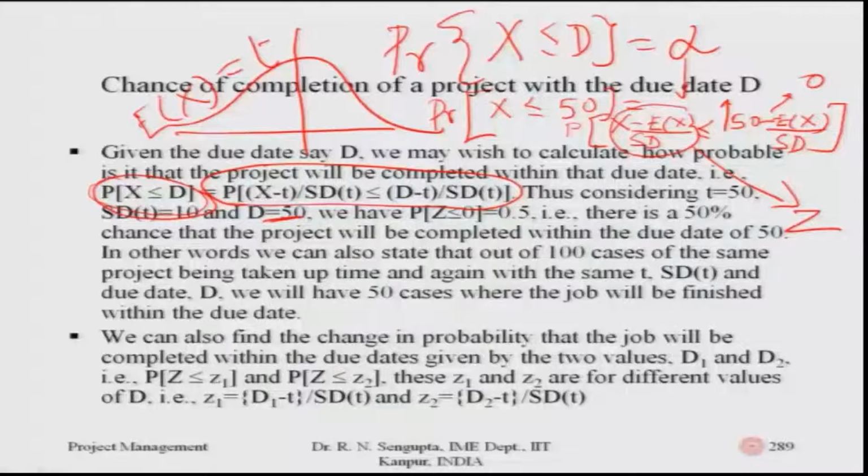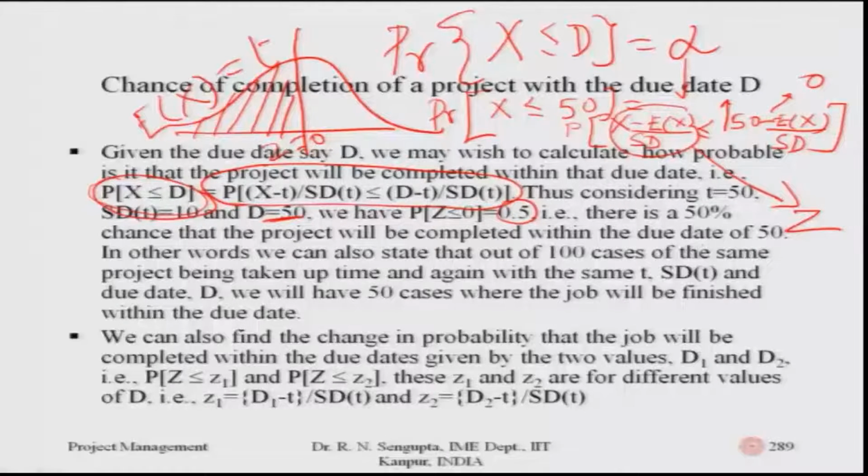So, this value z is equal to 0, which is the mean of the standard normal deviate, and the standard deviation for this is 1. So, the overall coverage till the mean value is 0.5, so it is 50%. So, the chance the project will be completed within the due date of 50 is 50%.